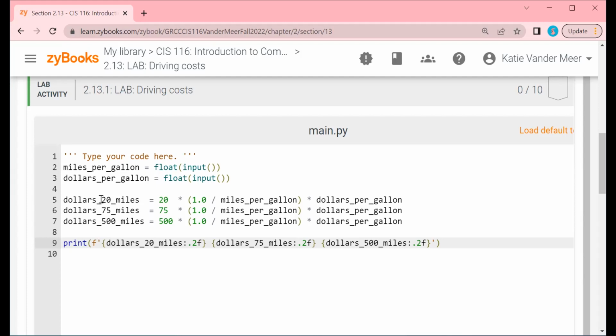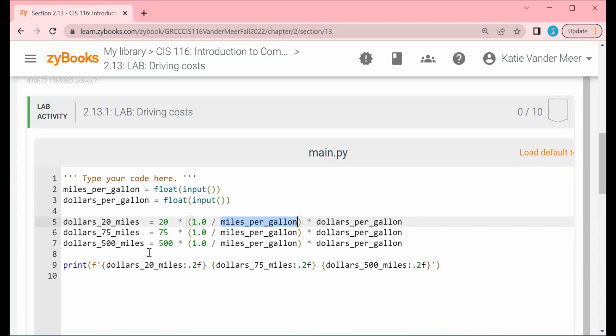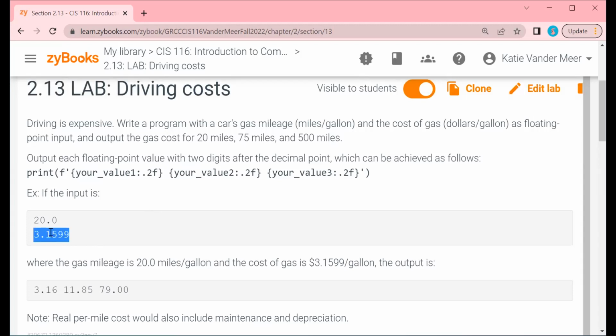We know it's $3.16 because our car gets 20 miles to every gallon, and that's what a gallon costs right now. So we say 20 times 1.0 divided by, here would be my sample input. On this one, it would be 20. And then we times it by 3.1599.